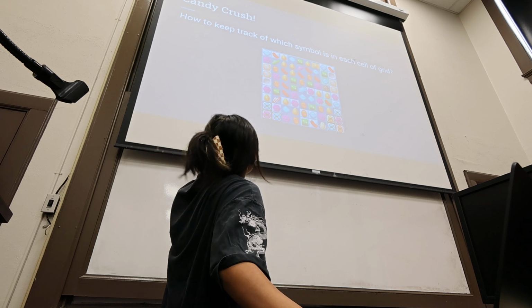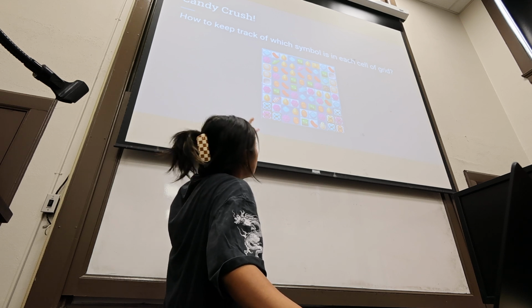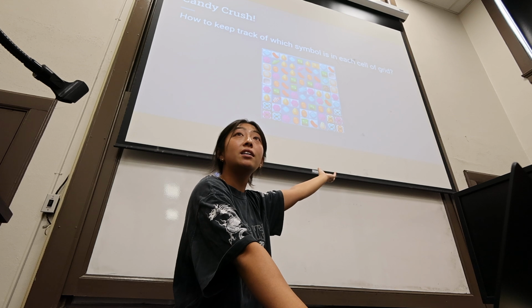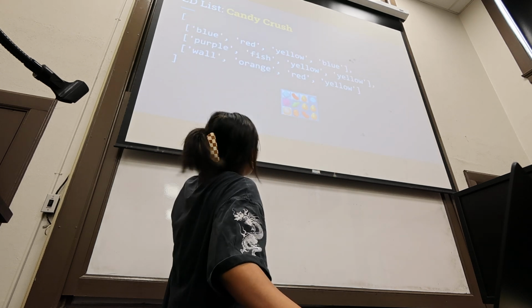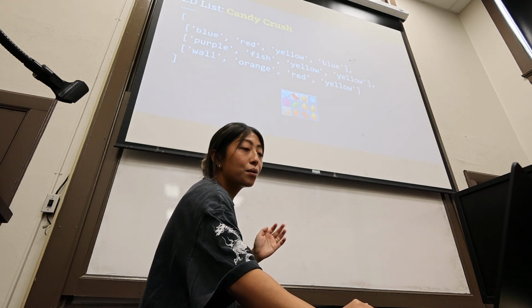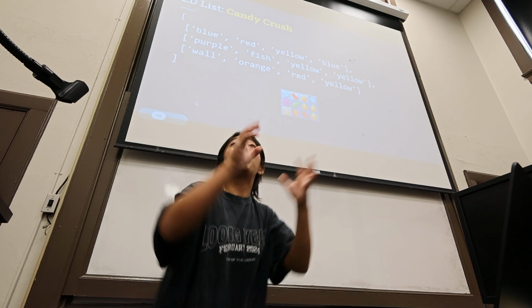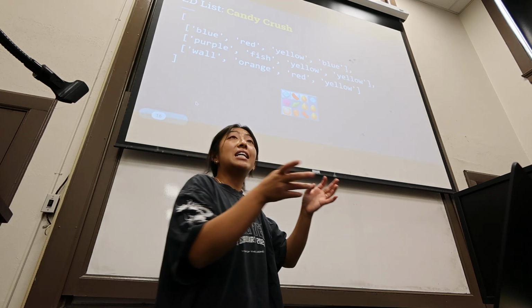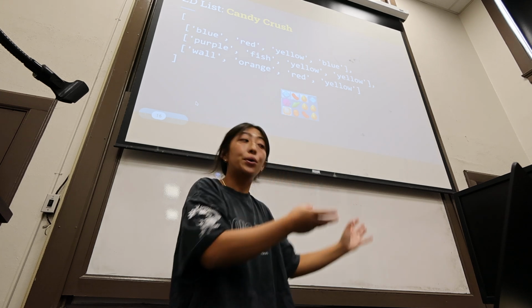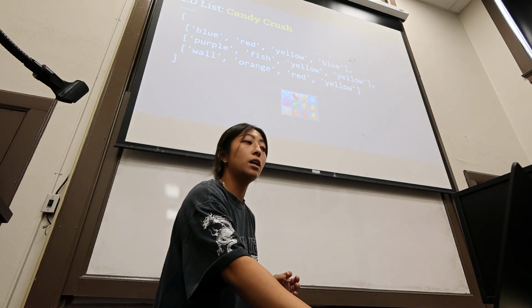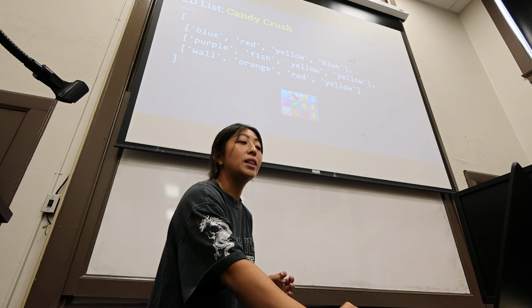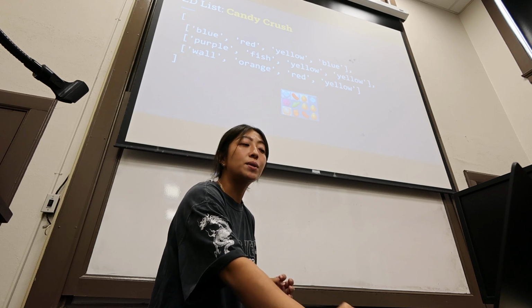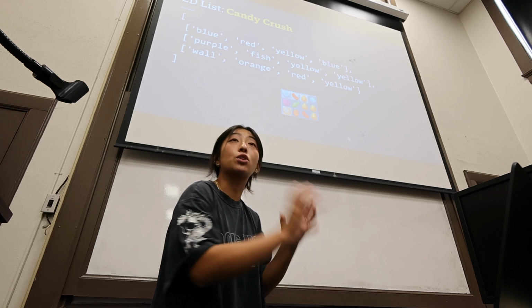So, for example, Candy Crush: how do we keep track of which symbol is in each cell of a grid? Well, that would probably look like this. If we took this little part of a grid and represented this data with a data structure in code, this is what it would look like: a list with lists inside, each representing the position that it's on in this grid.